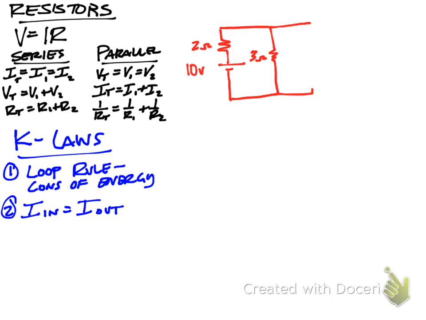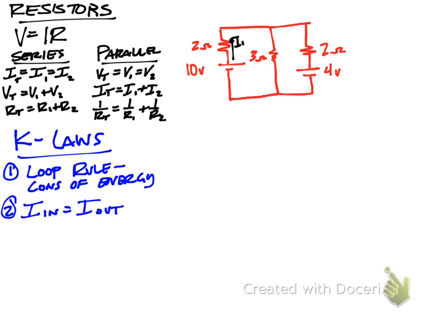And then on the other side of that we have maybe a 4-volt battery and another 2 ohm resistor. And what we want to know is the current through all of these, or the power of one of the resistors.